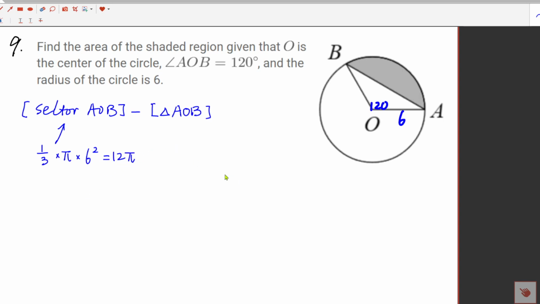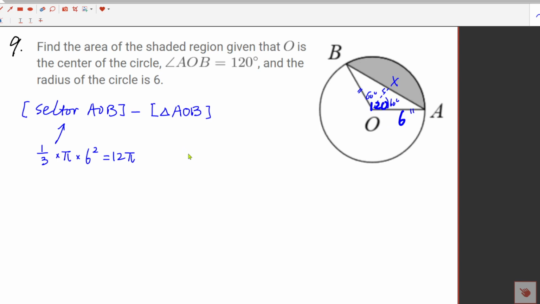To find the area of triangle AOB, we can draw altitude OX of triangle AOB. Since OA equals OB, this altitude is also median and angle bisector. Therefore, AOX and BOX are both 60 degrees, right?